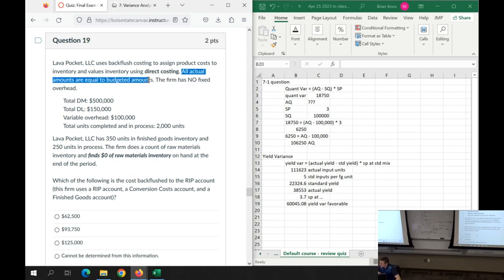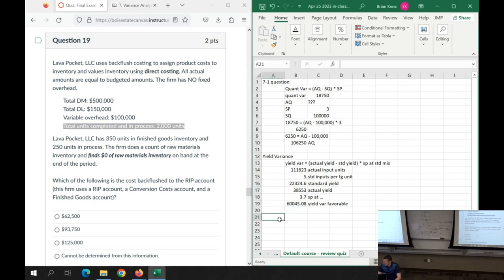All actual amounts are equal to budget amounts. Firm has no fixed overhead. Okay, it's just simplifying assumptions and statements right there. And we have our totals for the three product cost categories under direct costing. And we have a total units completed right here, which serves as our denominator. All right, so let's go ahead and jump in there. We got 500,000.